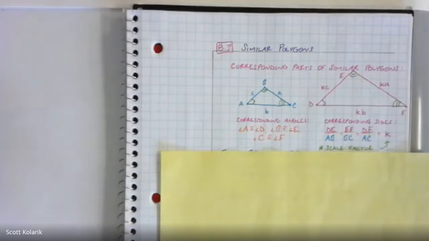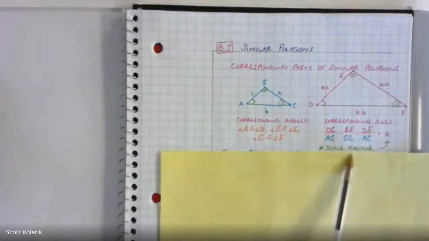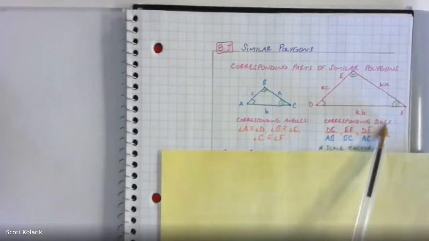Okay, so corresponding sides, and this is an important distinction right here. Corresponding angles have to be congruent to each other. That's what gives that polygon that specific shape, what's going to make it a magnified version or a minimized version of its counterpart. But corresponding side length, this is where we see that scale factor applied. Scale factor is going to be applied to side length.